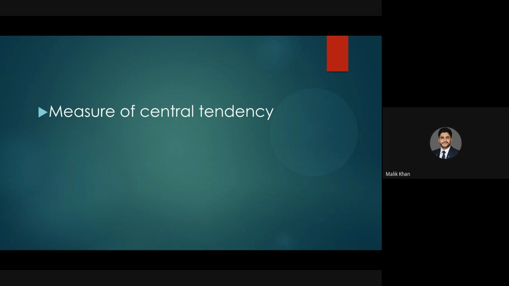That's the mean. For a median, we arrange the data set into ascending or descending order, which would be, let's say, 2, 3, 4, 5, 6, 7, 8, 9, 10, and the middle one out of them, that's the median.